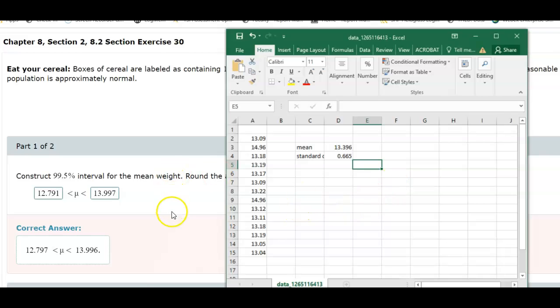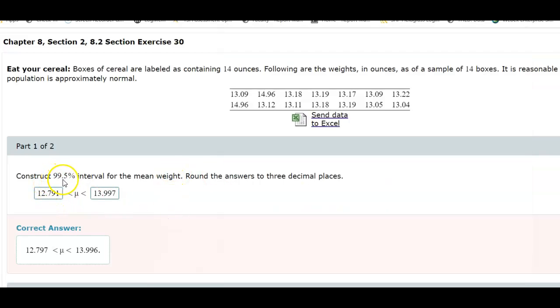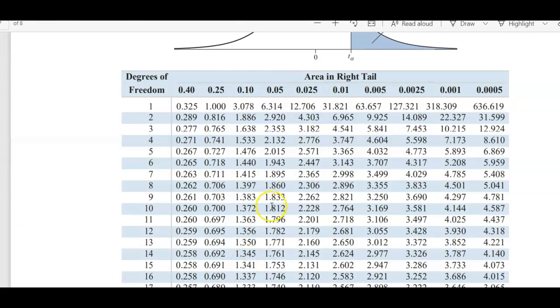And so now we want a 99.5% confidence interval. Since we're working with a sample where we calculated our sample standard deviation, I'm going to use the T-chart.